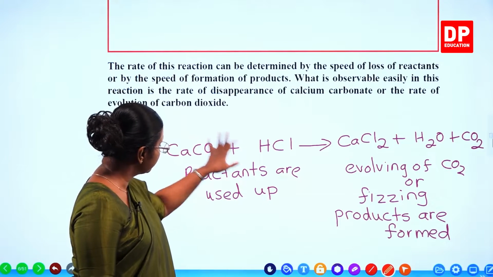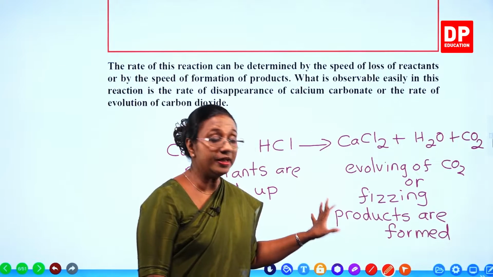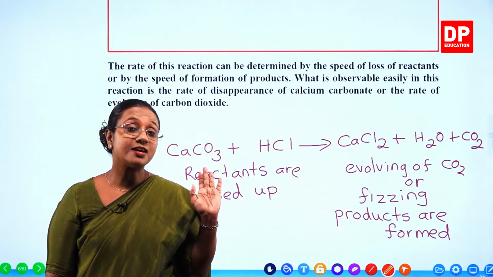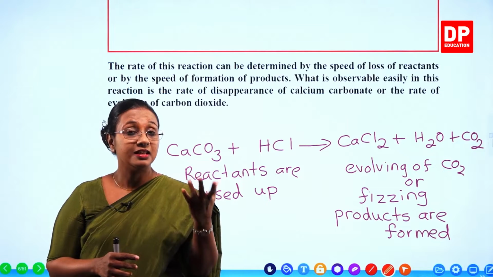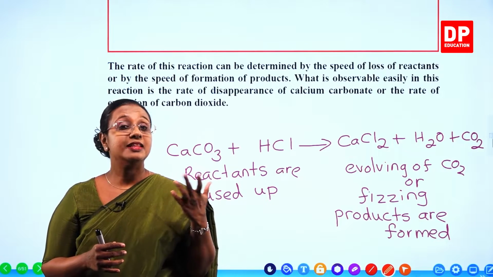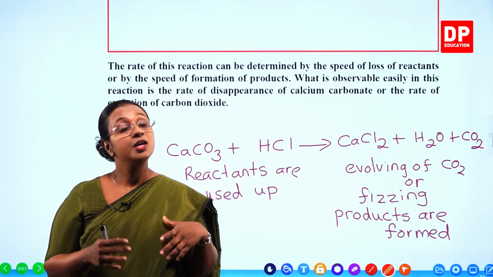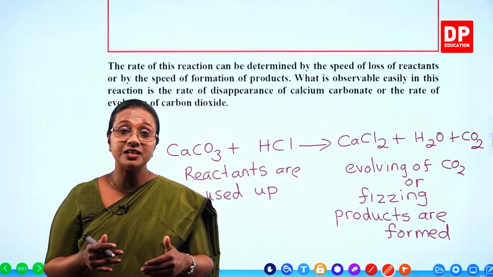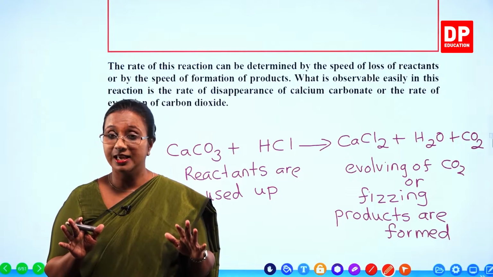We have discussed this before: effervescence or evolving of a gas, temperature change, the beaker becoming warm or cold, a color change, burning with a colored flame. There are so many changes. Formation of a precipitate, all these tell us that there is a reaction taking place.